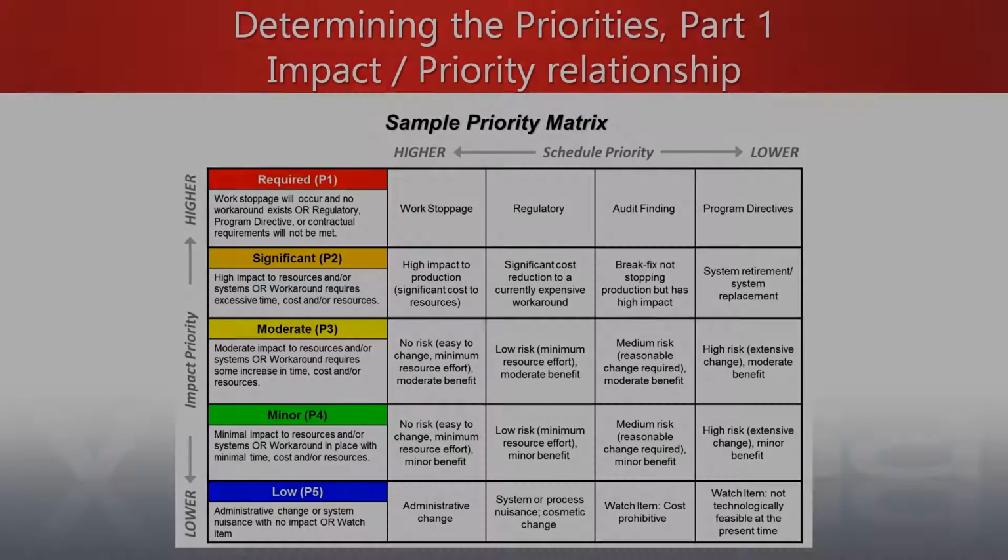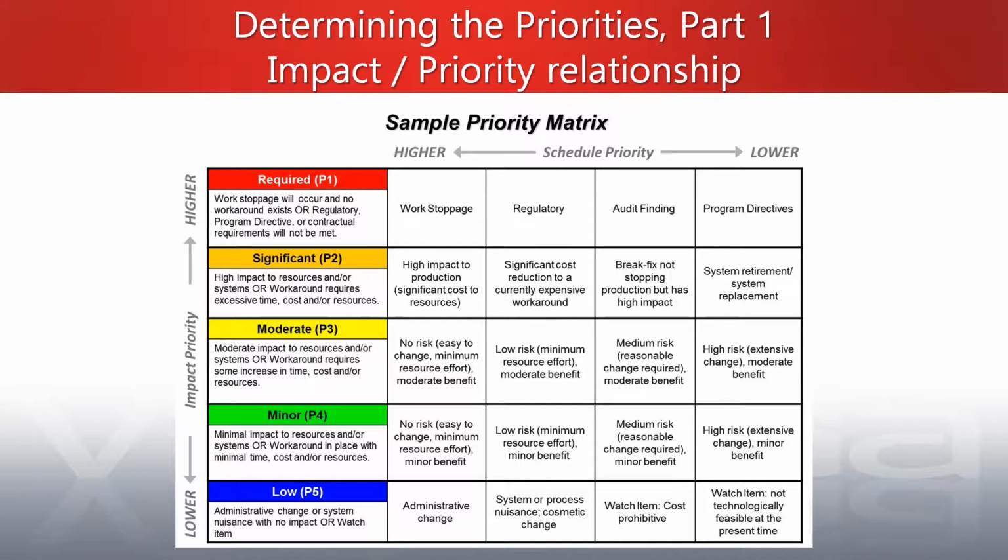This is even, okay, a little more complex. This is a sample, but let me just show you what the relationship is. It's looking at the impact, I guess that's the Y versus, right? Going from the lowest priority to the highest priority for the impact, and then on the right-hand side, going from the highest level to the lowest level on the schedule priority.